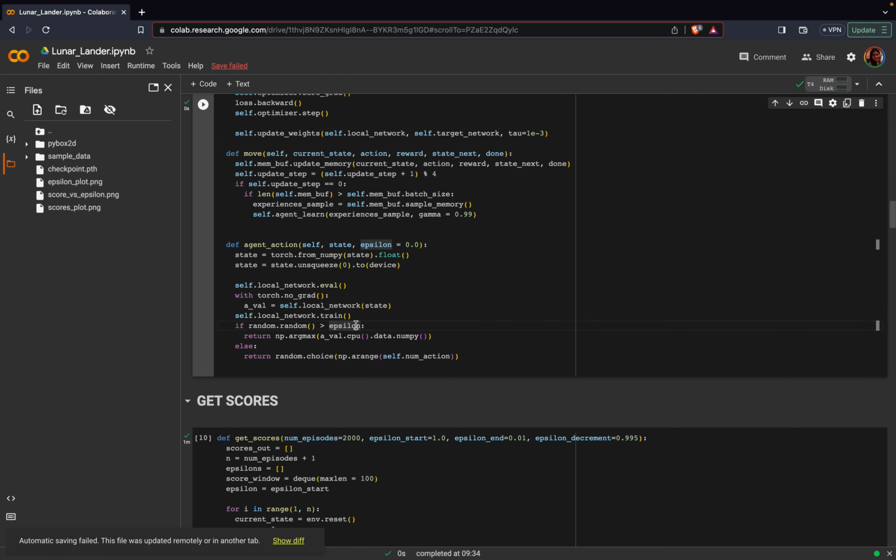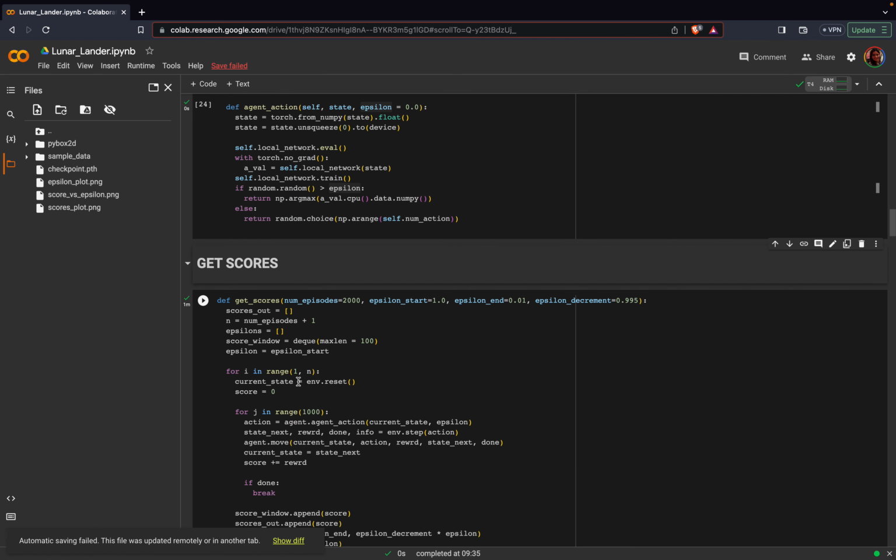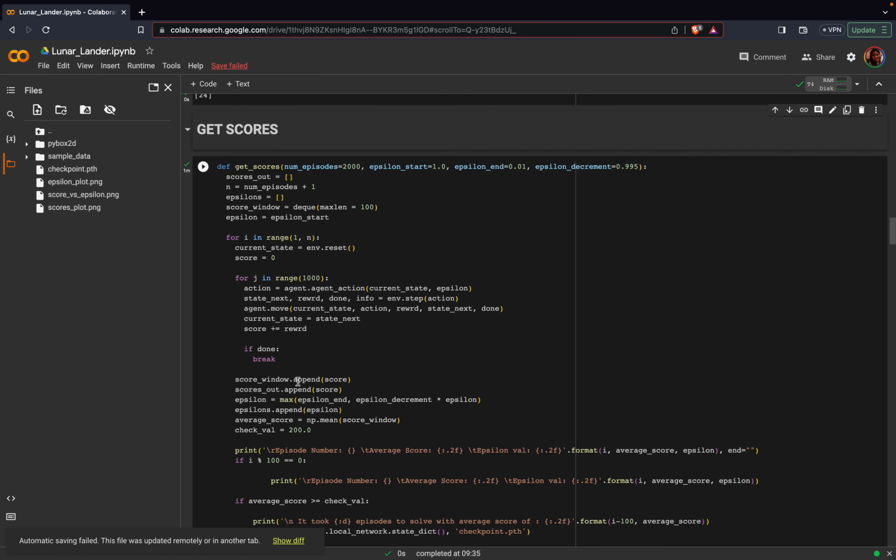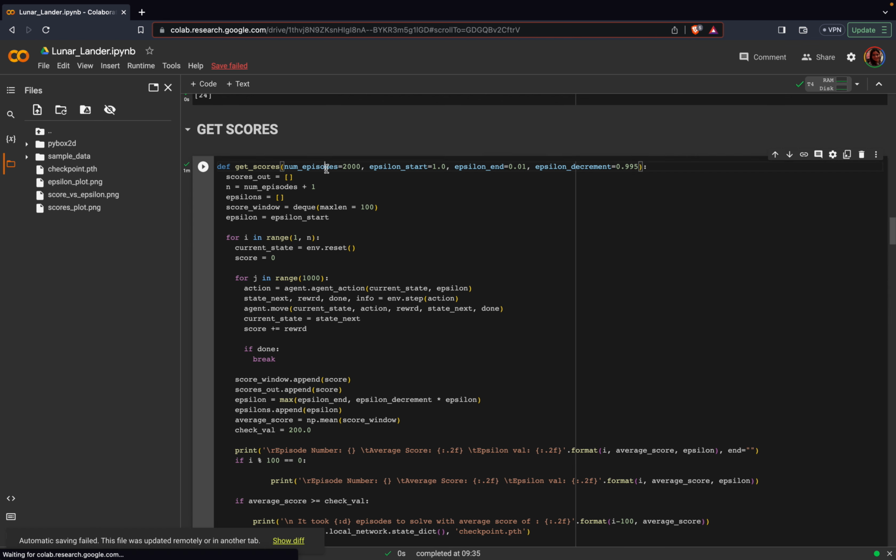Once all of this is done, we get the scores. We want to know the average score, or the average reward, for the agent that we have trained. We usually use around 2000 episodes, and the epsilon value starts from 1.0, and we want epsilon decay to be applied, so we use a decay factor of 0.995.